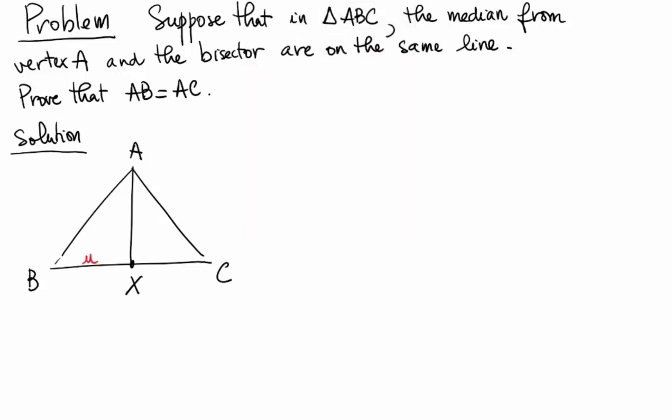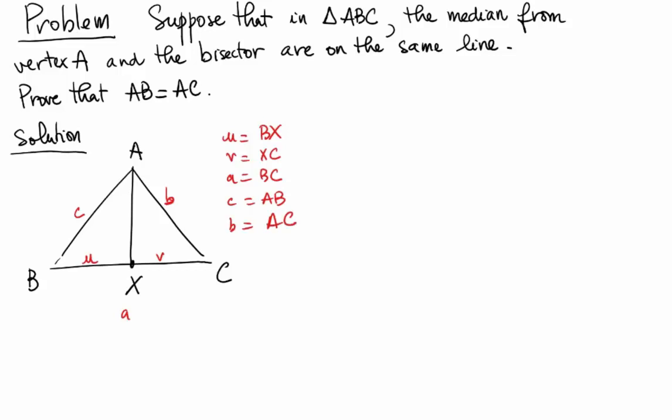Suppose this measure u, this measure v, c, b, and then a. In other words, u is equal to BX, v is equal to XC, little a is BC, little c is AB, and little b is AC.